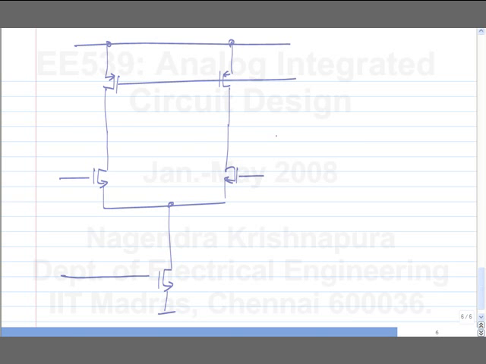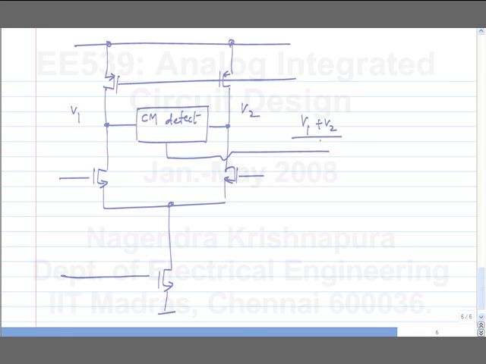So what do we do? First we detect the common mode voltage. This is V1, V2. We need some circuit that gives us effectively (V1 + V2)/2. Okay, then what do we do? Now we can use our feedback technique.